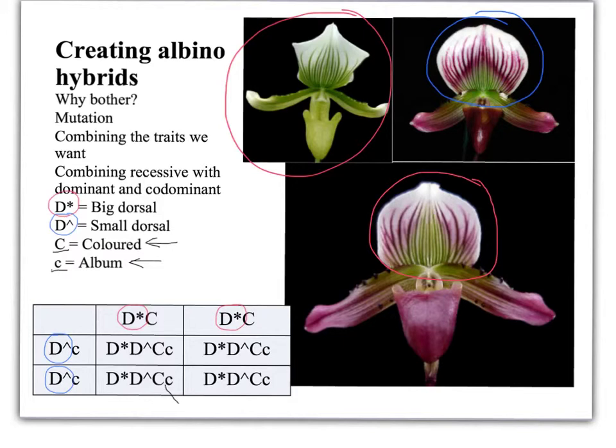When we're combining two species like these two to produce offspring, we would call this the F1 hybrid. F1 really just means the first filial generation. When we go to the next generation, what we are doing is crossing the offspring to produce the grandchildren of the original two parents.